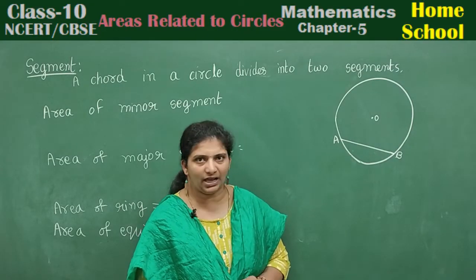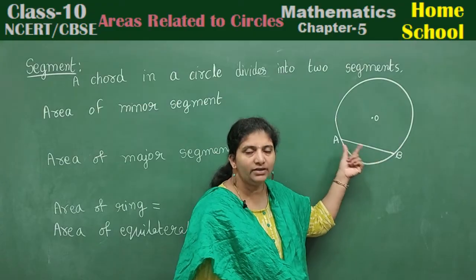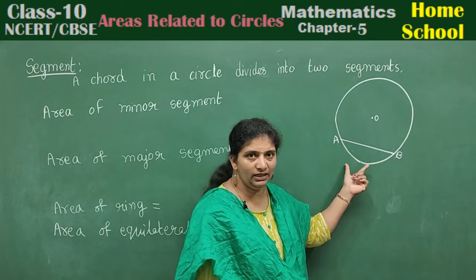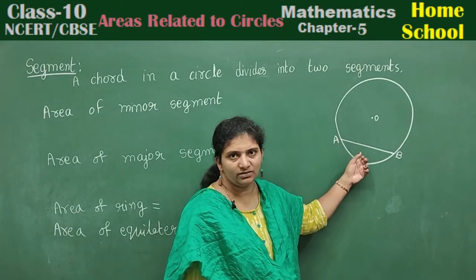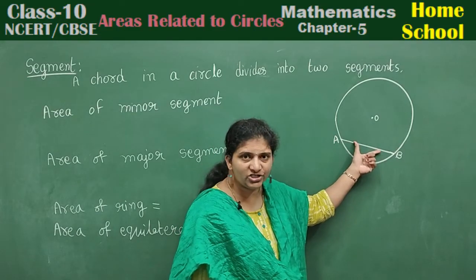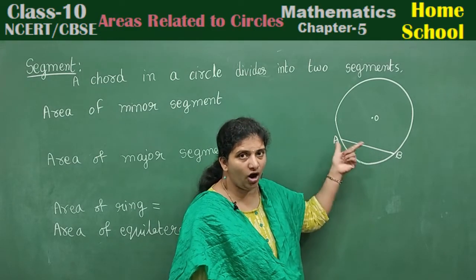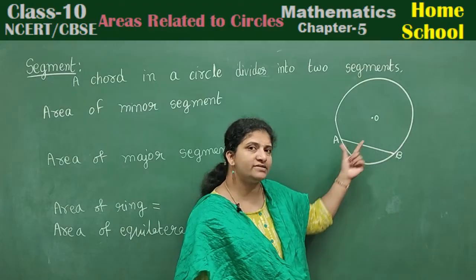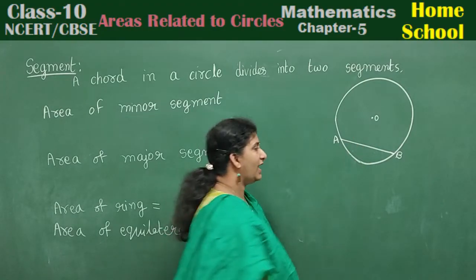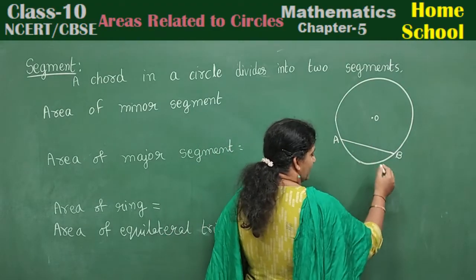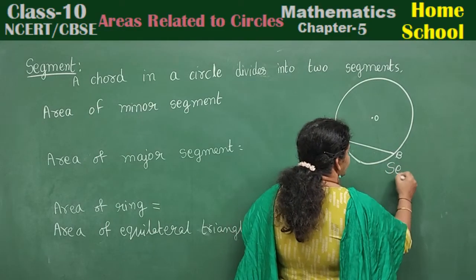Biggest chord is diameter. This chord divides a circle into two parts. What is this line doing, children? This line is a chord. Chord divides a circle into two parts. That we call as segments. What is that? Segments.